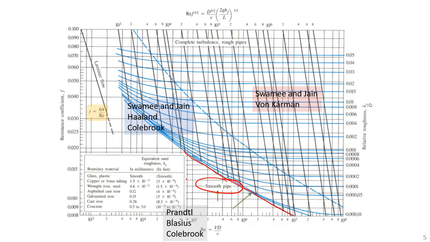And that's where you had three equations just for that one curve. And again, the Moody diagram has three zones: laminar, transition, and turbulent. And the smooth pipe curve never escapes the transition zone.